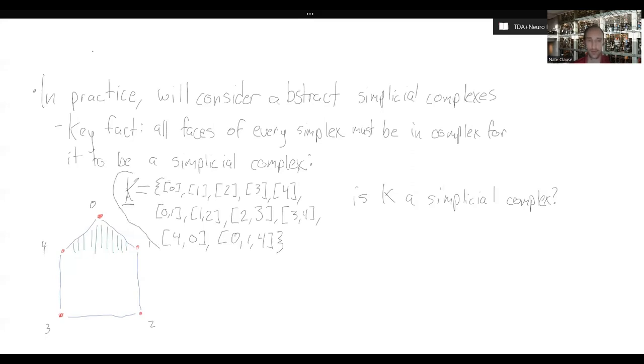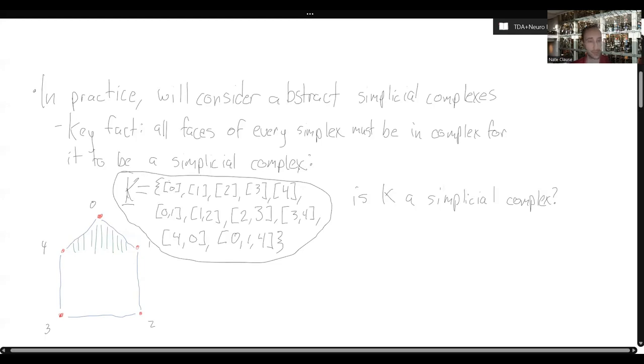So K, written out in the form of an abstract simplicial complex right here, has 5 zero simplices, 0, 1, 2, 3, and 4. It has 5 1 simplices, 0 1, 1 2, 2 3, 3 4, and 4 0, and 1 2 simplex, 0 1 4.